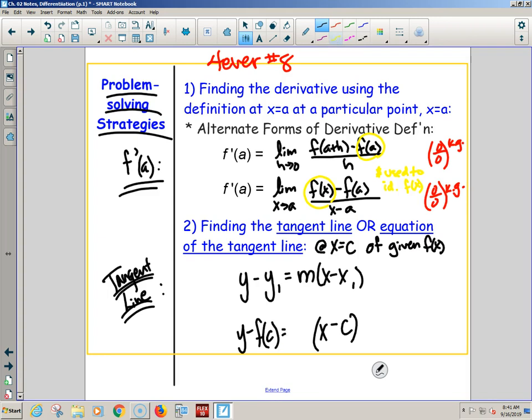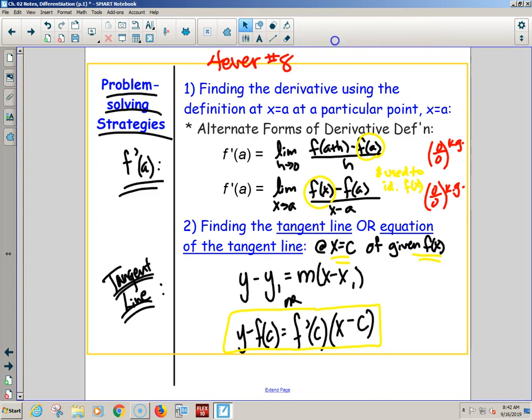But there's one more thing we need to realize. Kiddos, who is the slope of the tangent line? If we are given a particular x of a given function, we can find the slope of the tangent line basically just by using y minus y1 equals m times x minus x1, but the m is always going to be the derivative at the c, not the general derivative, but the specific derivative.